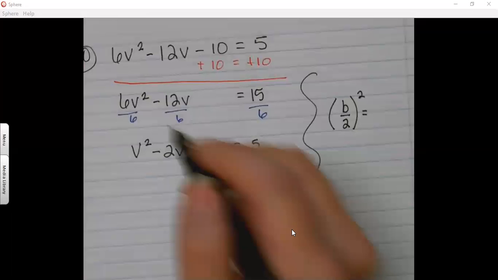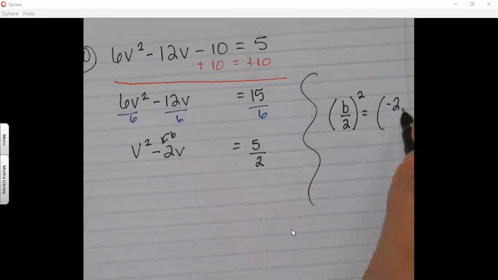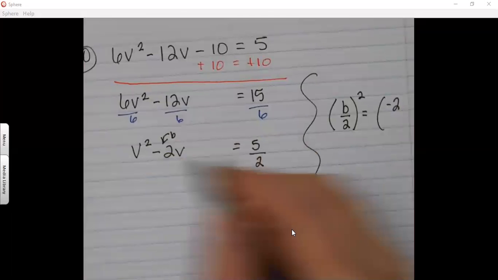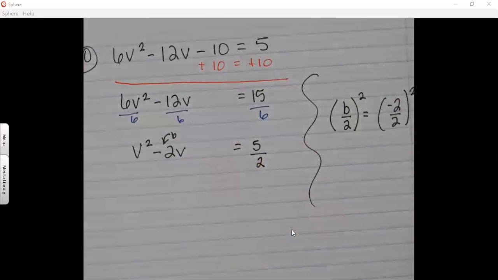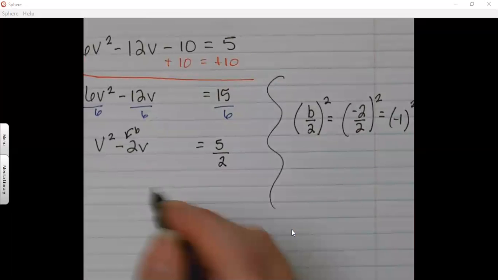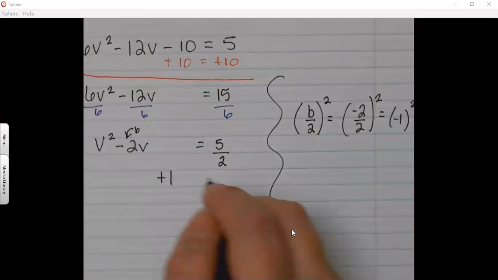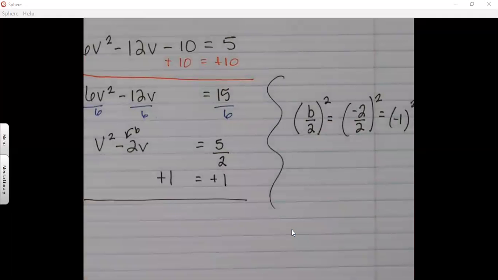Not 2, negative 2. You just worked ahead of me. B is negative 2, right? Divide it by 2 and square it. What's negative 2 divided by 2? Negative 1. Quantity squared, positive 1. So we have to add 1 to both sides of the equation, not just the left side, both sides.